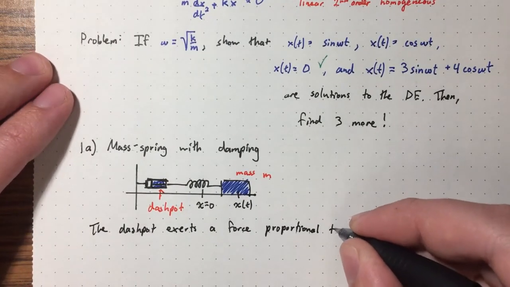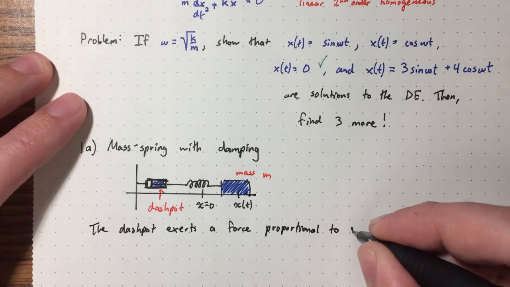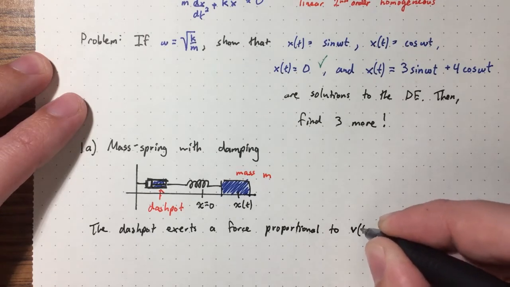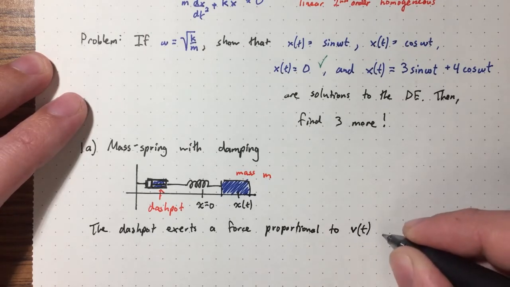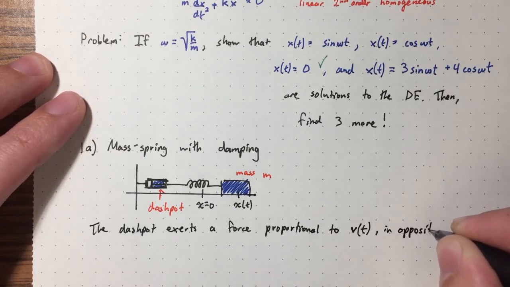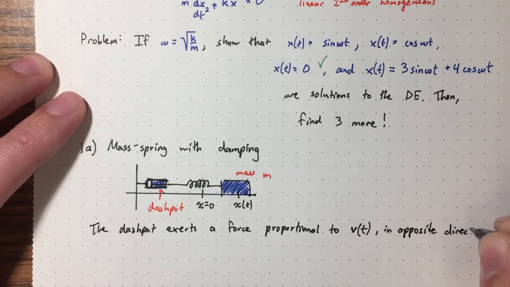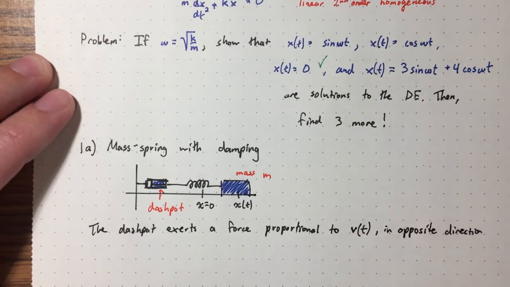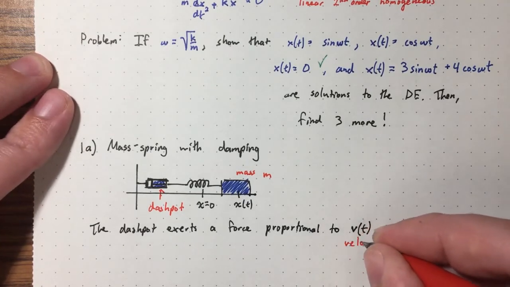So we'll call that v of t. And in the opposite direction again. So this is velocity.